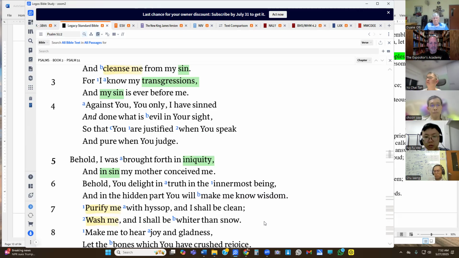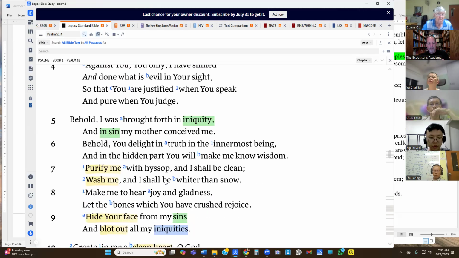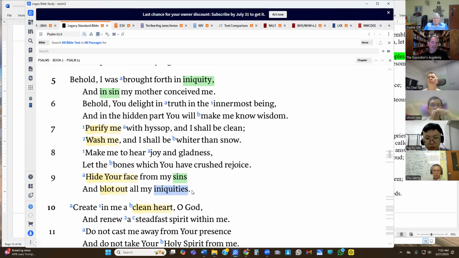And that principle is this: taking ownership, taking responsibility for your own sin. And the repeated use of the first person pronouns really shows David is recognizing, accepting, taking responsibility for his sin. And it conveys this is a personal prayer between him and the Lord.